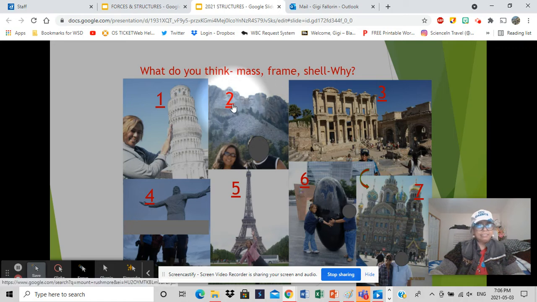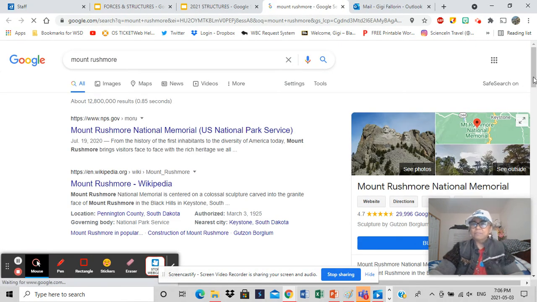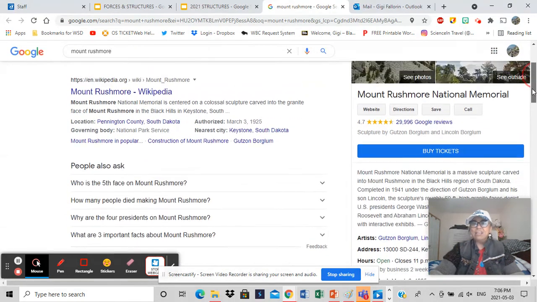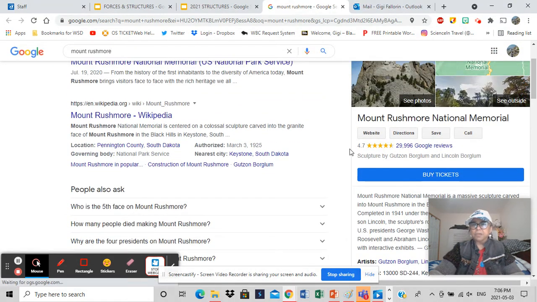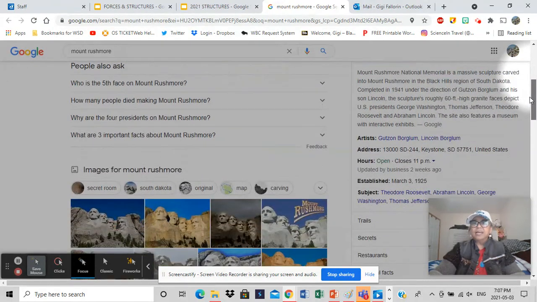I said somewhere in South Dakota. So what could this be? All the president's men are in there, right? It's the Mount Rushmore National Memorial. So here, it says Mount Rushmore National Memorial is a massive sculpture carved into Mount Rushmore in the Black Hills region of South Dakota.